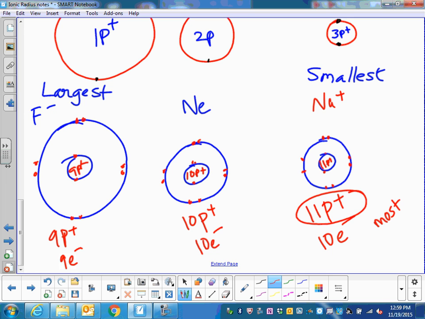Is that right? Most attraction will lead to what? Smallest size. If they ask you such a question, do you think you can answer it? Do we all understand it? The cation will be the smallest, the anion will be the largest, and the neutral atom will be the middle if they're isoelectronic, correct? Do we understand this?